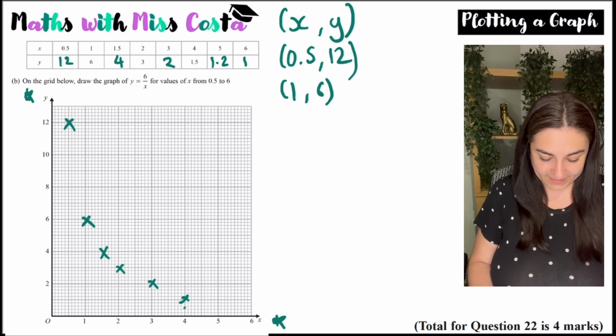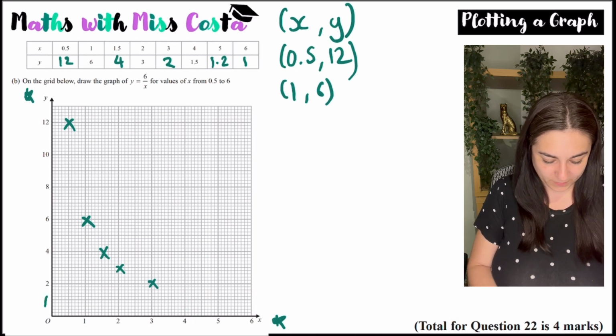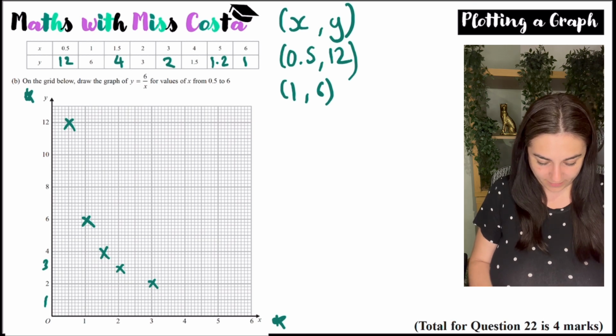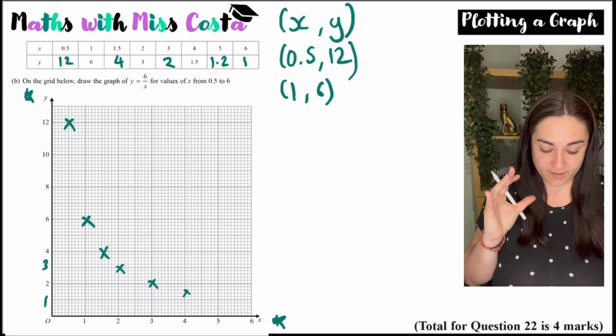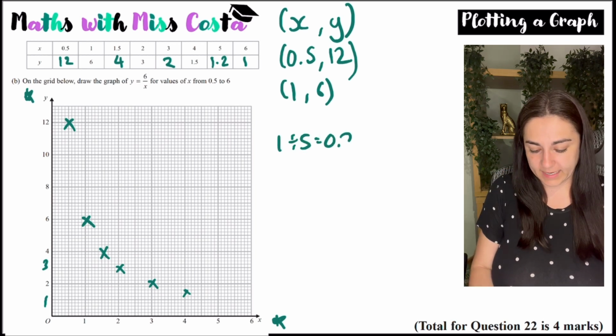So be very careful with the scale. So this over here would be 1. So 1.5 would actually be here. 5 and 1.2, so if that's 1, it's going up. There's 5 squares in between 2 and 1. So 1 divided by 5 is 0.2.